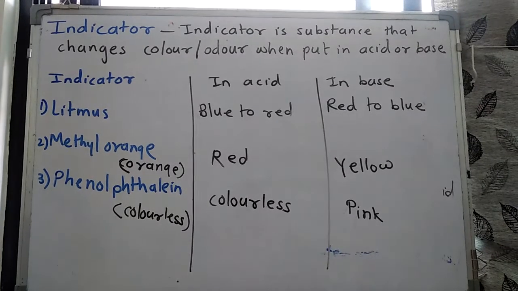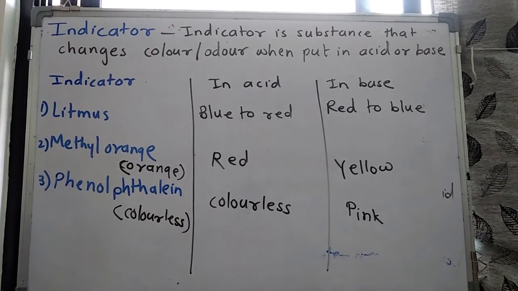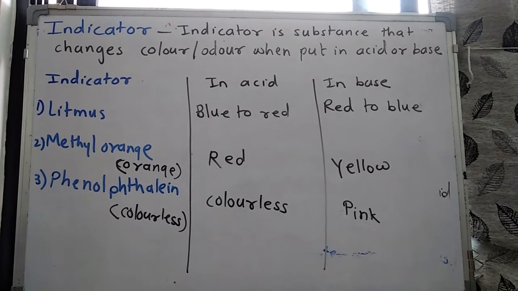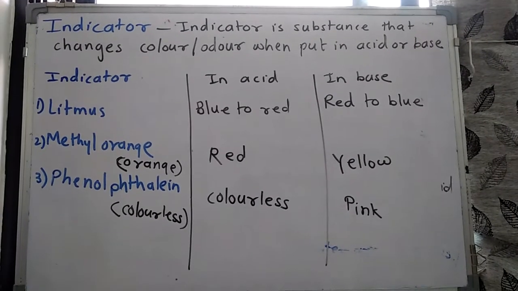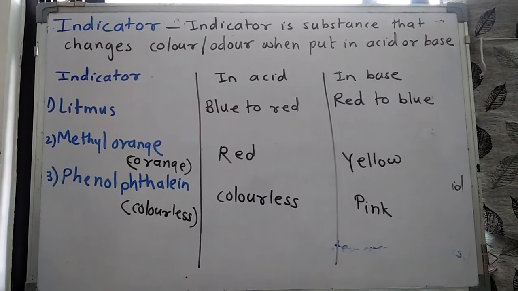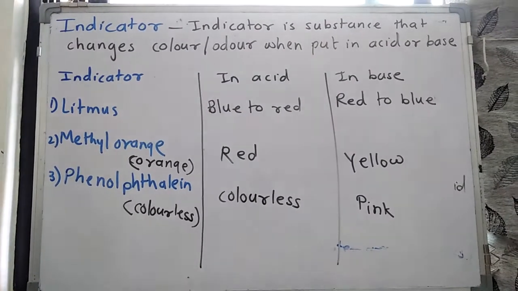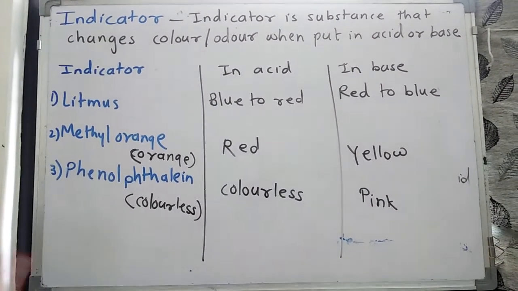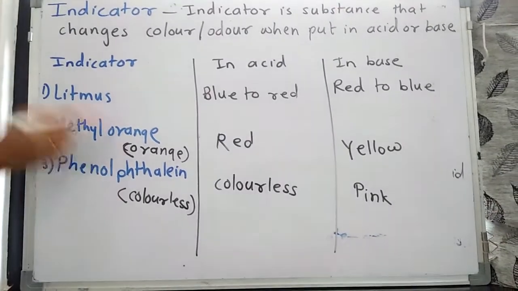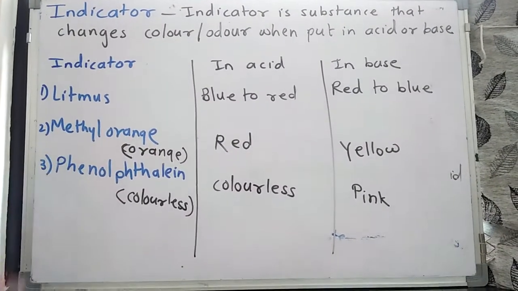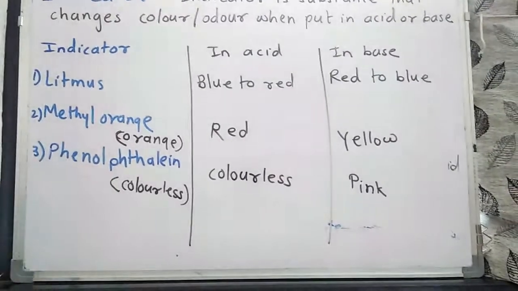Neutral litmus paper is purple in color, and from that purple litmus paper, two litmus papers are made, one blue and one red. Methyl orange is originally orange, and phenolphthalein is originally colorless.